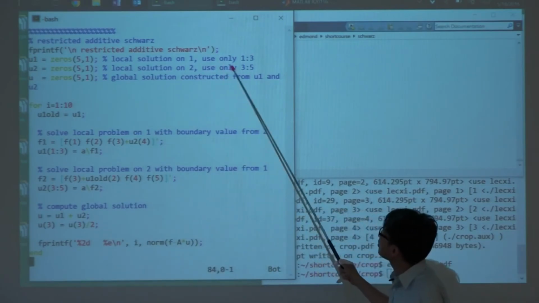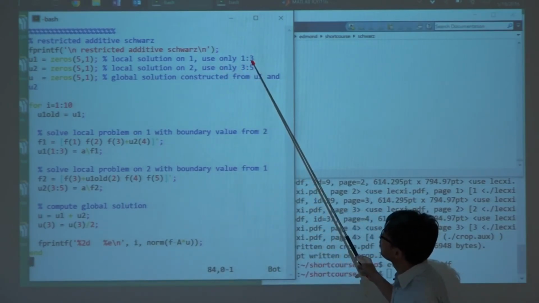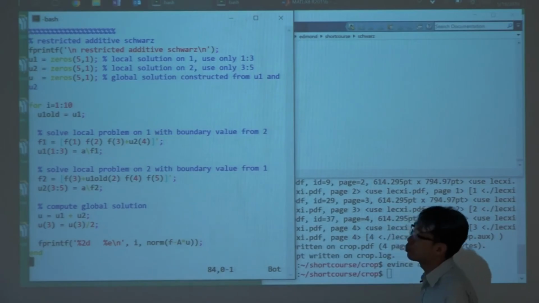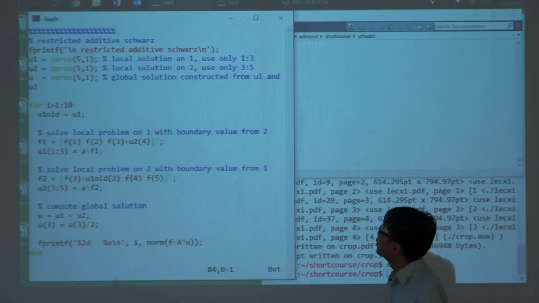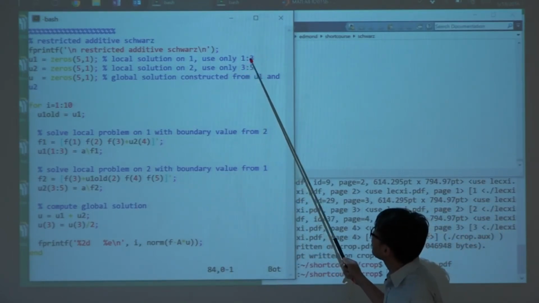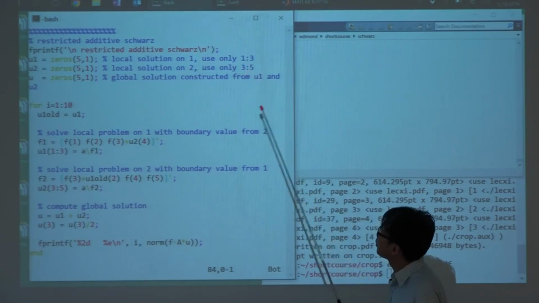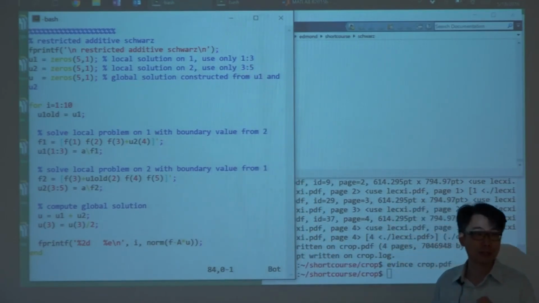And I'm only going to use components 1 to 3 of this U1 and components 3 to 5 of U2. So those are private copies of the solution. And on U3, this overlap component, they're not going to generally agree.